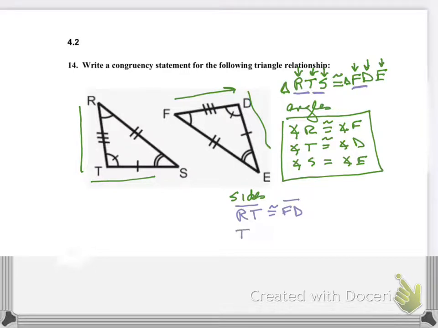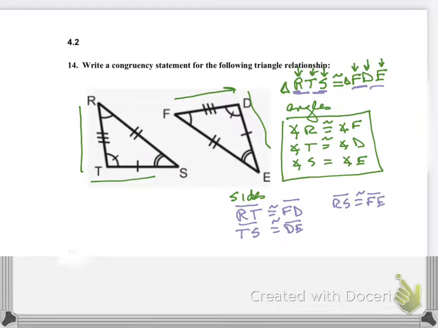TS is congruent to DE. Go ahead and put your line segments on both of them. Okay, so then you're going to go first and last, R and S. RS is congruent, first and last, FE.